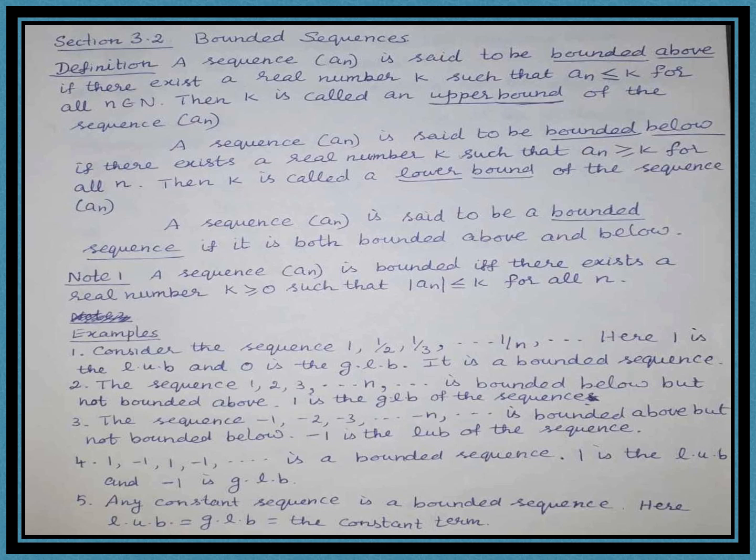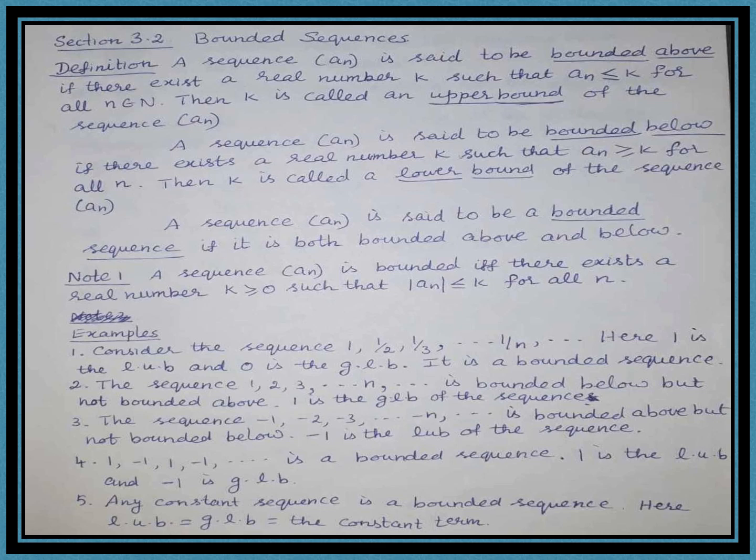That is, a sequence is bounded if it is both bounded above and bounded below. The definition can be rewritten as: a sequence is bounded if and only if there exists a real number k greater than or equal to 0 such that the absolute value of an is less than or equal to k for all n.